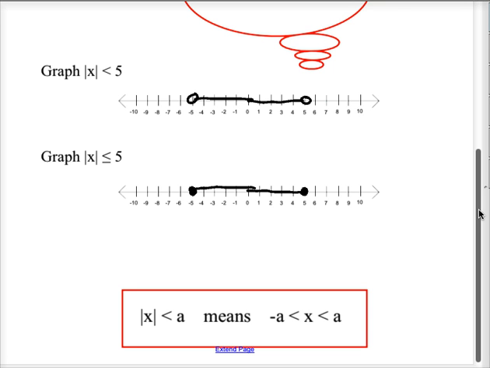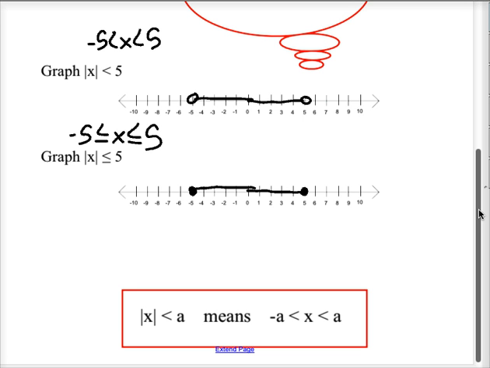So for this example, I would rewrite this to be scrunched in between the positive and negative of that number, or in this case, less than or equal to. I'm scrunching it in. So when you're less than, you are restraining yourself between those two values, the positive and the negative. You're scrunching yourself in between there.